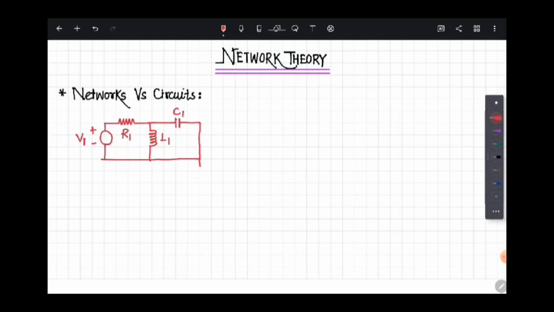So as per our definition, we have two conditions that should be met in order for a network to be justified. One, it should be an interconnection of network elements.